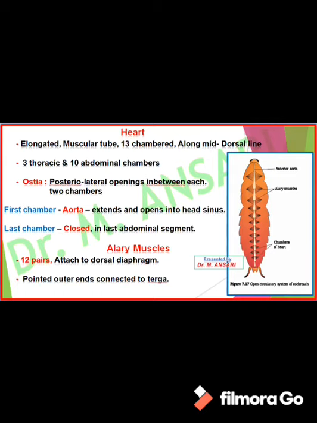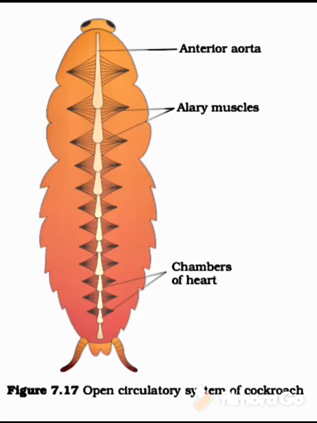To give support to these chambers of the heart, 12 pairs of alary muscles are present. These alary muscles are attached to the dorsal diaphragm, and their pointed outer end is connected to the tergum. The broader side is attached with the chambers and the pointed side is attached to the tergum.